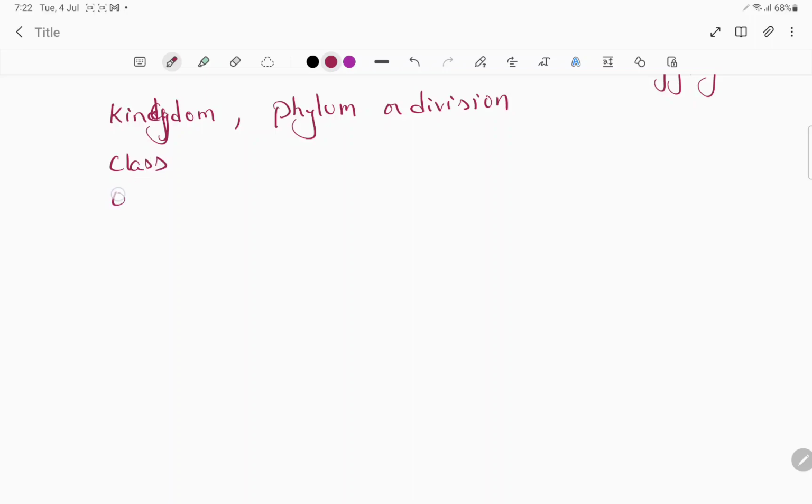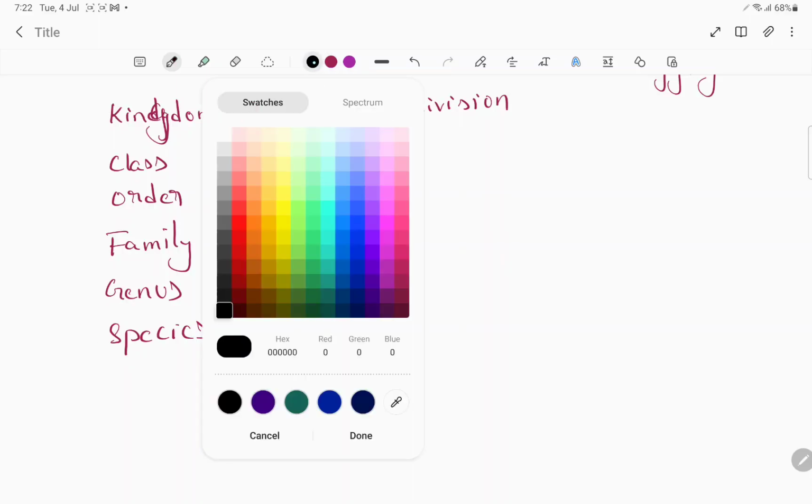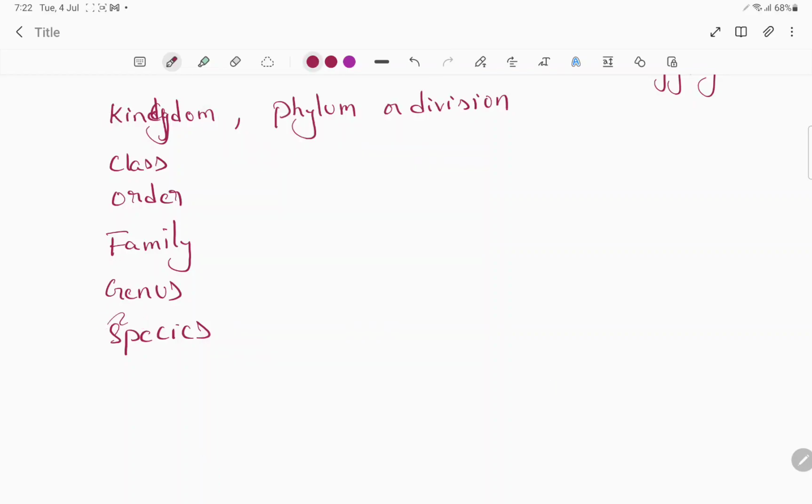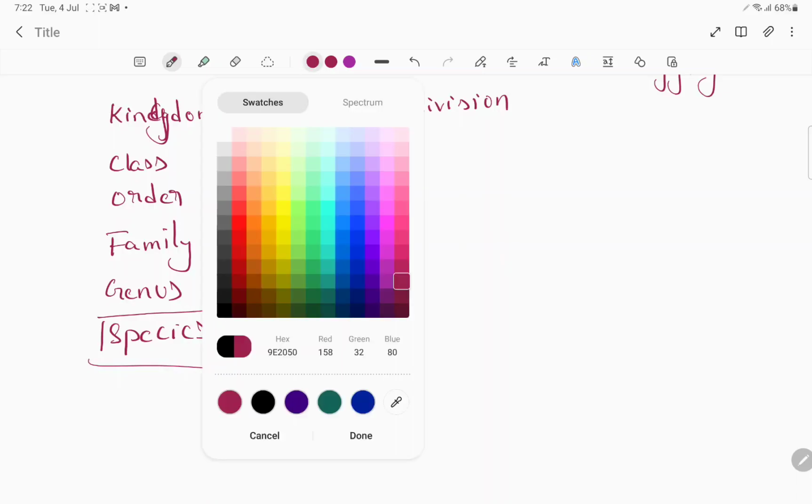Class, order, family, genus and species. All organisms, those in plants and animals, in kingdoms have species as the lowest category. So this we call the species.